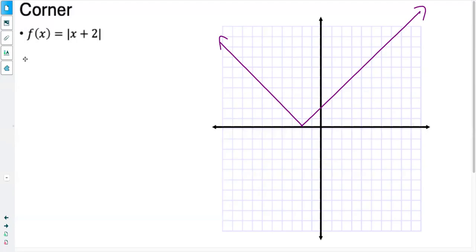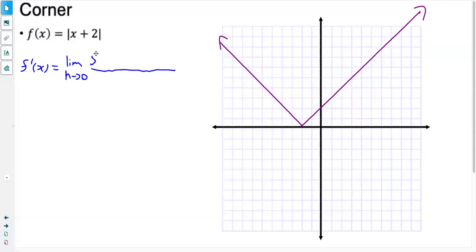So what we can say is our slope, which is f prime x, is equal to our limit as h goes to 0 of f of -2 plus h minus f of -2 over h. Now in this case, we're looking at this location here.